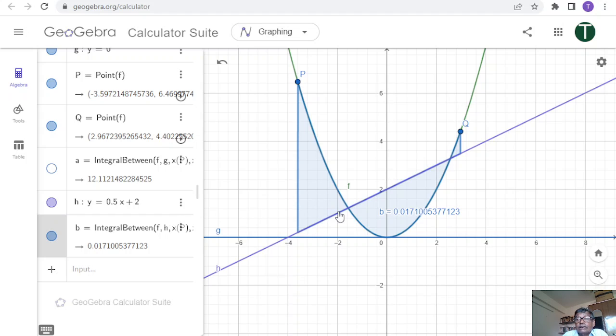In this zone h is more, and therefore this area will be negative. So the positive area and the negative area, which is also quite large, give you the algebraic sum of these three.